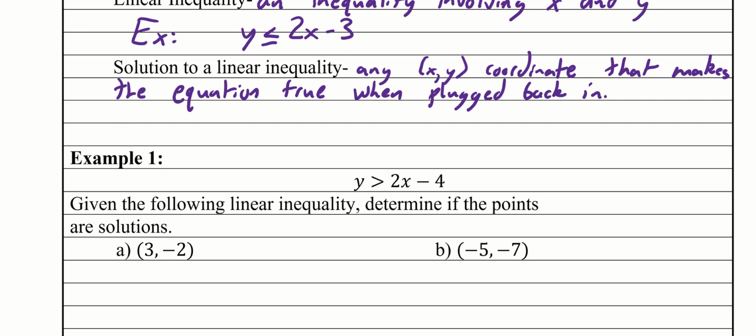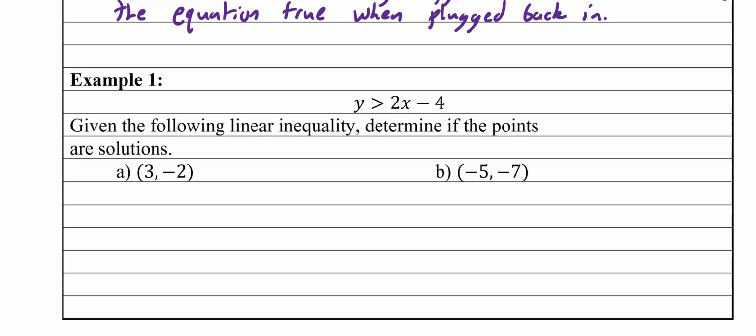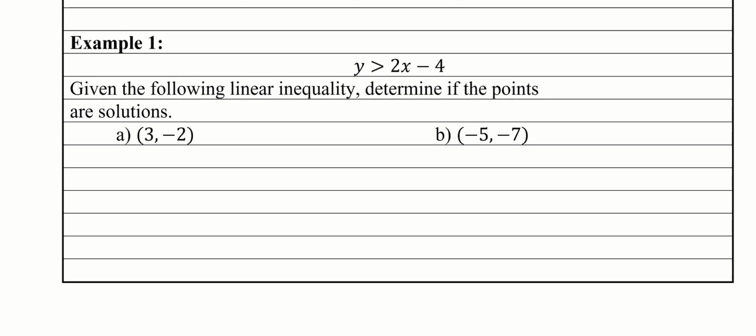We take the x coordinate of that point and plug it in for x, and the y coordinate and plug it in for y, and I should have a true statement by the end of the problem. If I do, then it is a solution. I do want you to write this, as well as those definitions, in your notes.